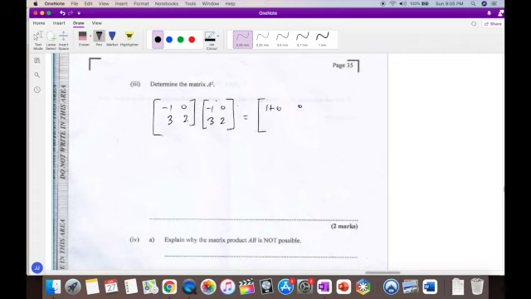Negative 1 times 0 is 0, plus 0. Negative 3 and 3 2s are 6, and then we have 0 plus 4, 3 times 0 and 2 2s are 4, so we are going to end up here with 1, 0, 3 and 4. And this here is the A squared. So when you have A squared, you're basically taking the matrix A and multiplying it by itself.